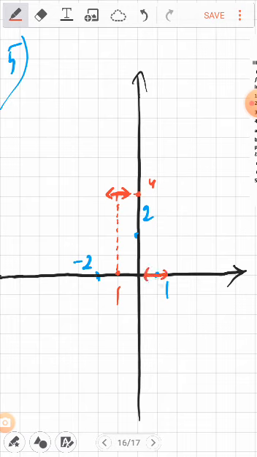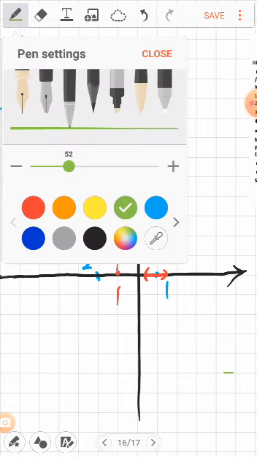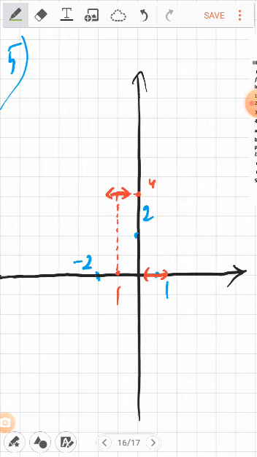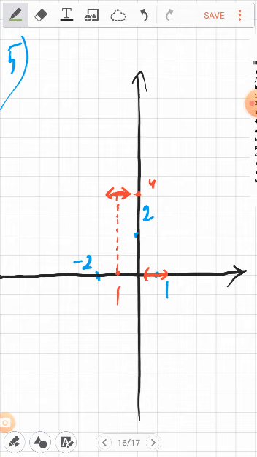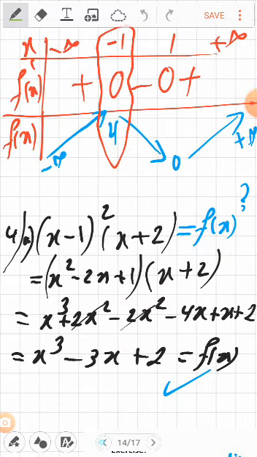Okay, now we have to construct the curve C. We located all the points of intersection with the axes and the vertices, which we find in the table of variation where f prime equals 0. Now we have to construct our curve.